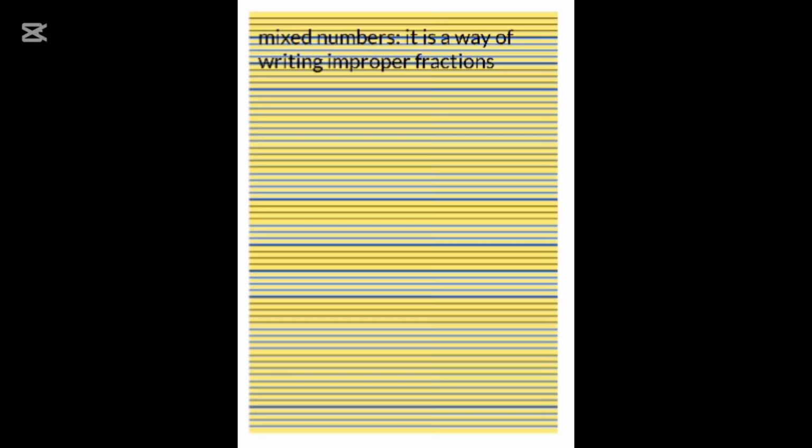Now, let's see this example. Let's see this improper fraction 3/2. Like I said, in an improper fraction the numerator is greater than the denominator. The numerator 3 is greater than the denominator 2.